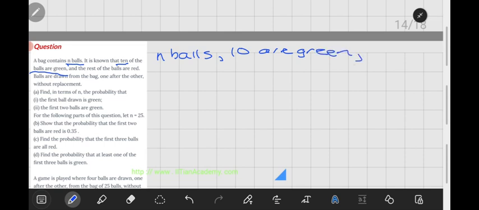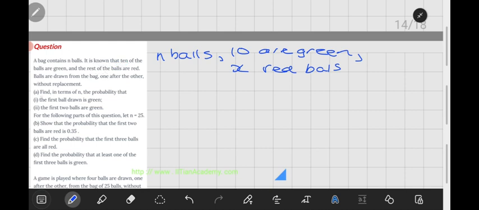The rest of the balls, x for the time being, are red. And it's said that balls are drawn from the bag one after another without replacement. That is a crucial point because that involves combinations rather than permutations.